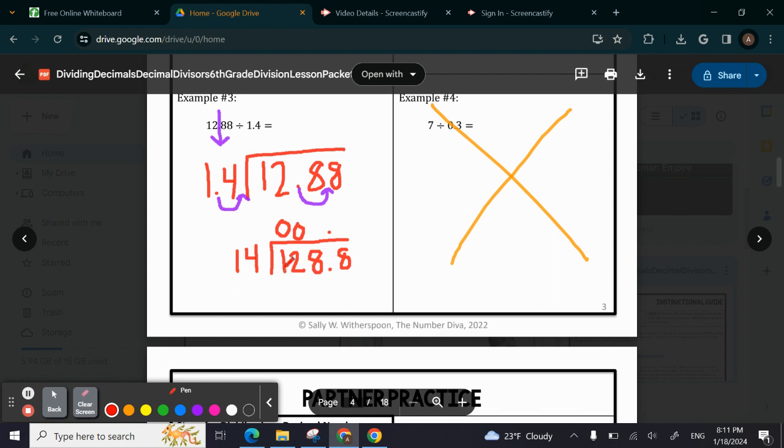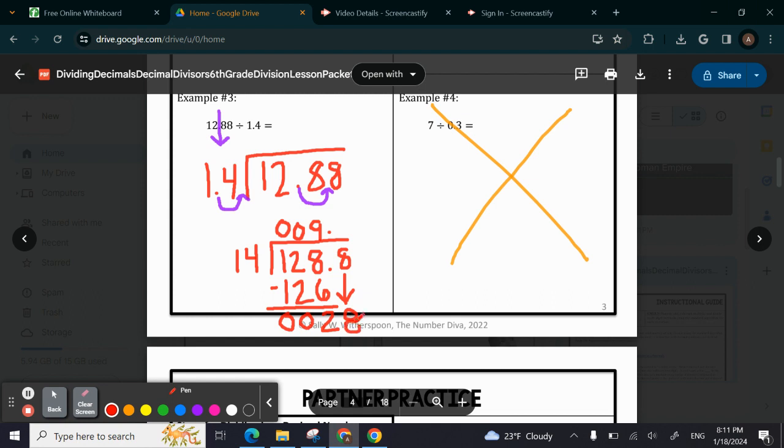If you do either of those, you will determine that 9 times 14 is 126. 8 minus 6 is 2. 2 minus 2 is 0. 1 minus 1 is 0.